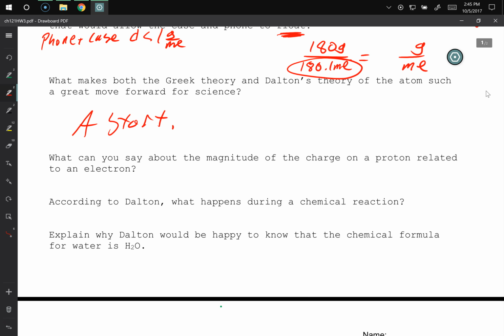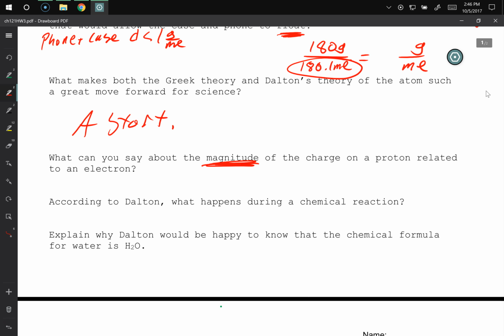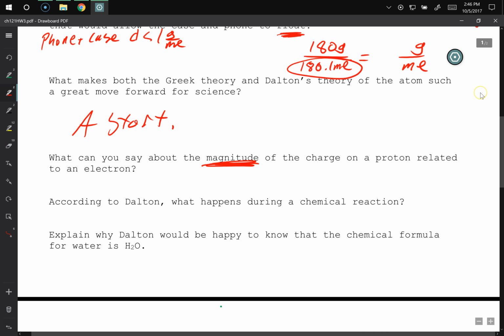How about this next one about the magnitude of the charge on the proton and the electron? That's not what the question asked. What does the word magnitude mean? Big, size, right? So tell me about the size of the +1 and the -1.